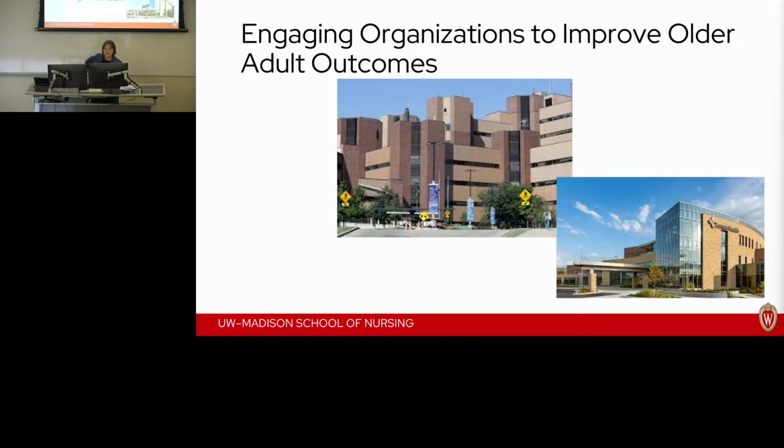So engaging with organizations can be a little bit different because you have to think about these structural components. And when we create interventions that are health systems related and organizational related, organizational redesigns, it's really critical that we get it right.